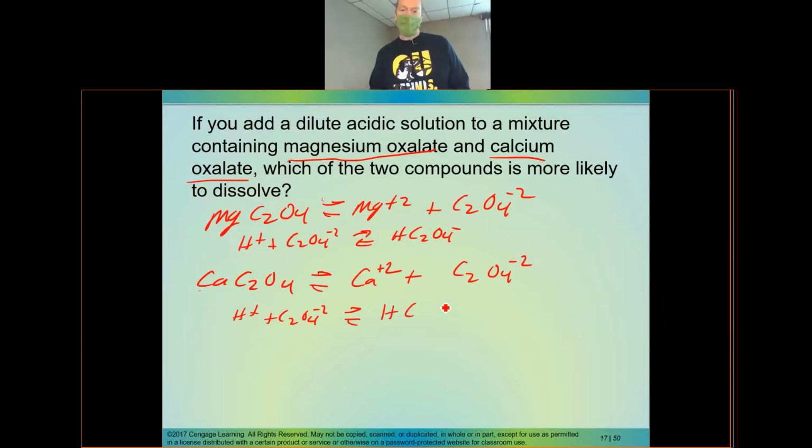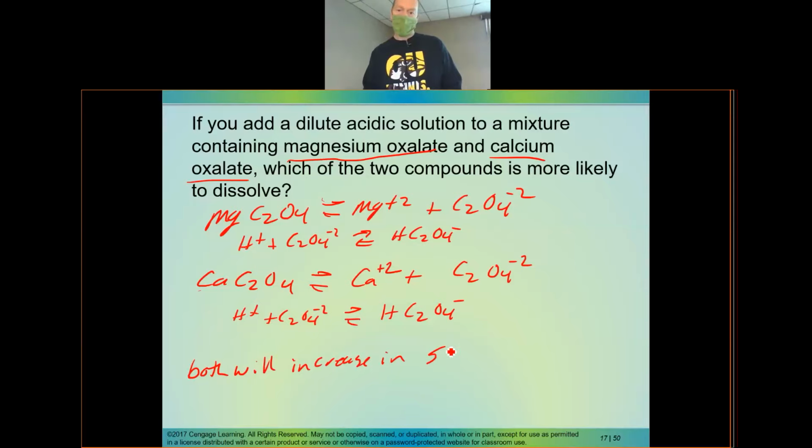So both of these are going to greatly increase in solubility, but the increase in solubility is the same for both of them. So both will increase in solubility, and it'll be the same increase because they're making the same weak acid.